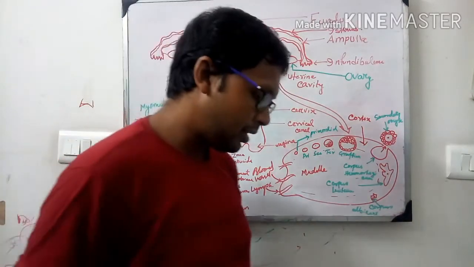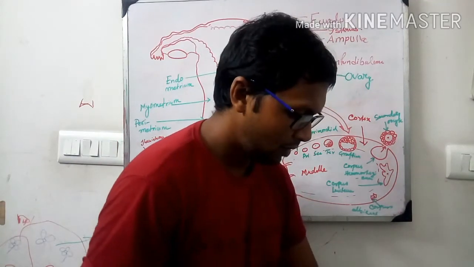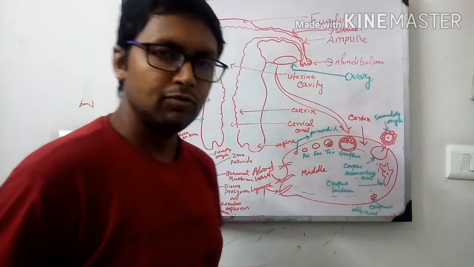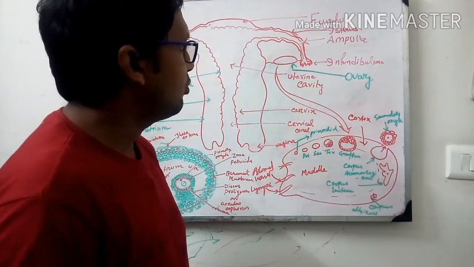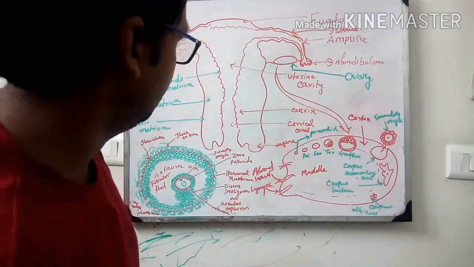Namaskar. Today we'll again discuss the NEET Biology chapter class 4 part 4, where we'll discuss in detail the female reproductive structures.